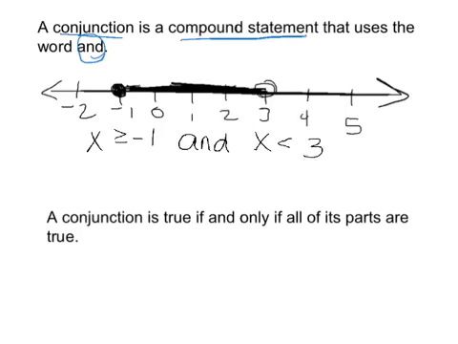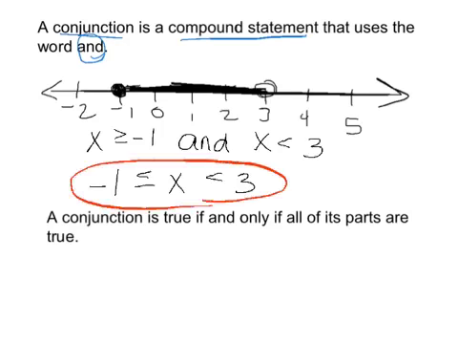The correct way that we're going to write this is the number first. This is your conjunction statement: -1 is less than or equal to x, and x is less than 3.